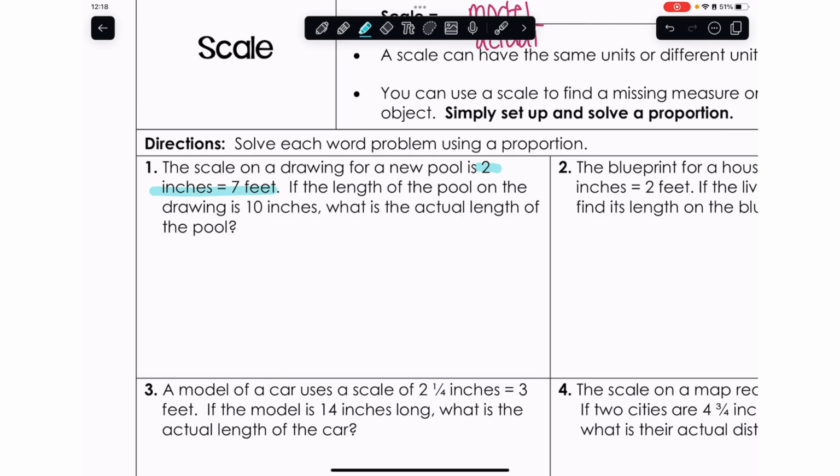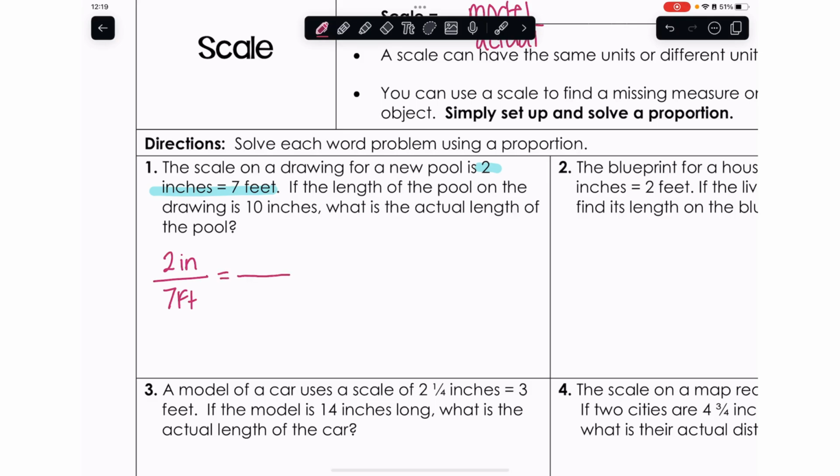I'm assuming we have a blueprint of the pool, or you can think of it as a map of the pool. We're going to say 2 inches, that's the model, over 7 feet. That's how we convert the scale, and that's how it will always look. It'll say 2 inches equals 7 feet. That's a scale, okay? We convert that into a ratio, which remember is a fraction.